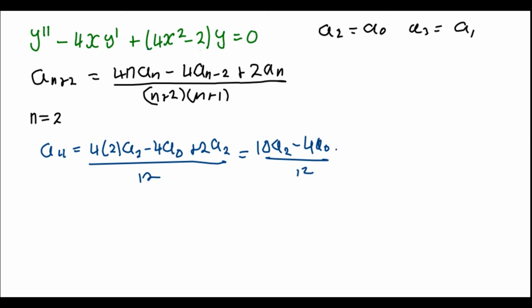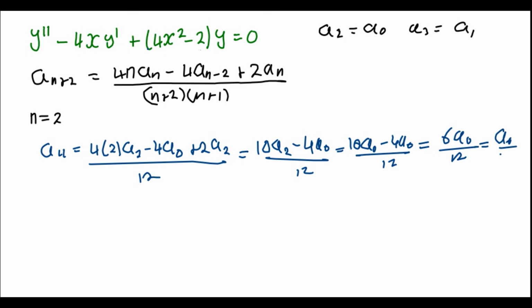But I know that a sub 2 is equal to a sub 0. Why am I getting the 12? This is supposed to be 10 actually. So this is 10 a sub 2 minus 4, sorry, it changes to a sub 0. So this is 10 a sub 0 minus 4 a sub 0, divided by 12. This just ends up being 6 a sub 0 divided by 12. Hence I can reduce this and say a sub 0 divided by 2.